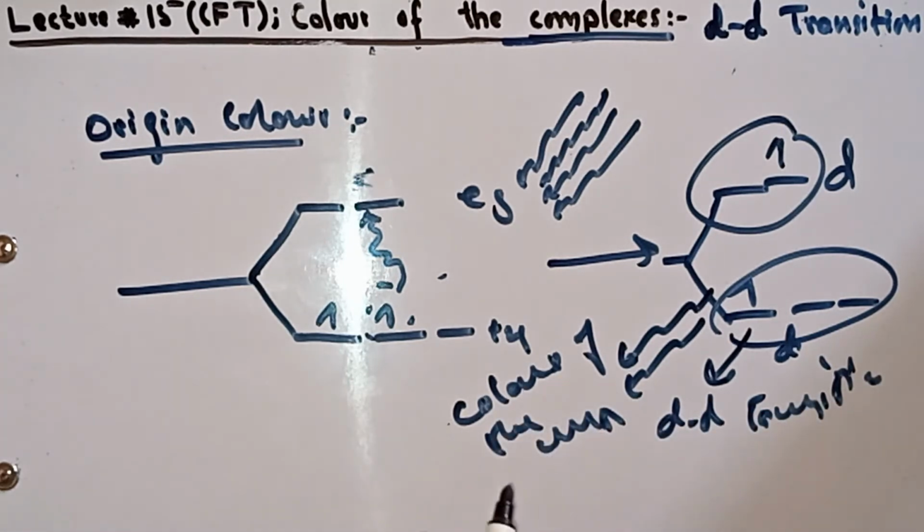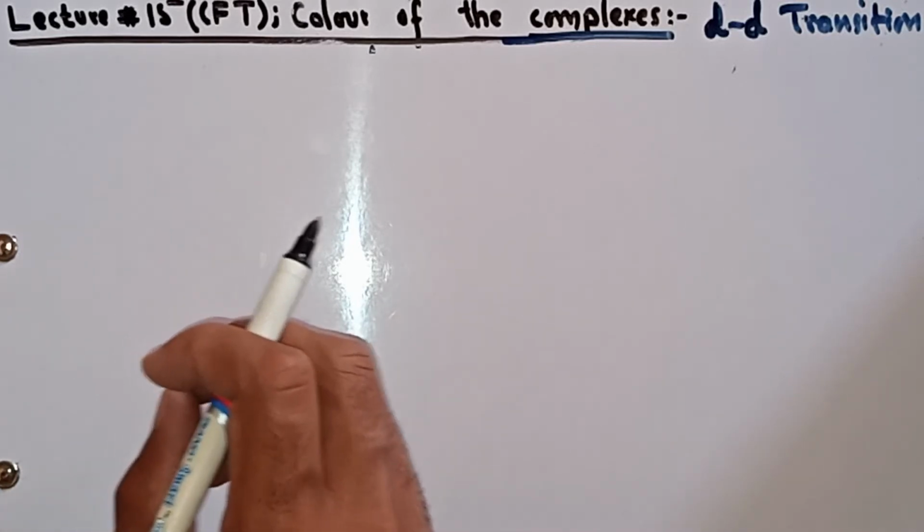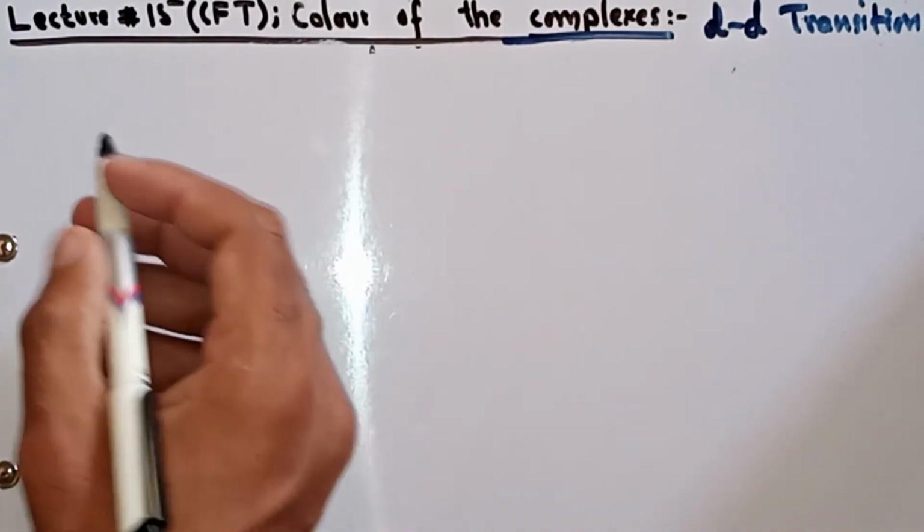Now the color of the complex also depends upon different factors. So let's start to explain these factors. There are many factors that the color of the complex depends upon, so let's start one by one.